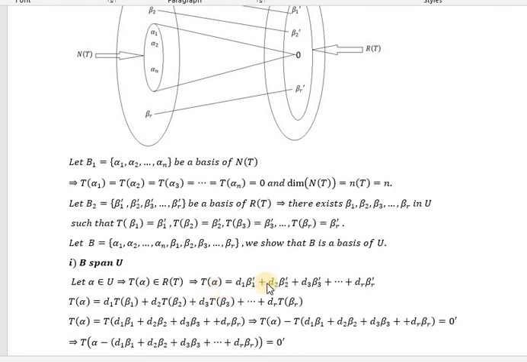So T of alpha is equal to d1 beta 1 dash plus d2 beta 2 dash plus d3 beta 3 dash, so on dr beta r dash.